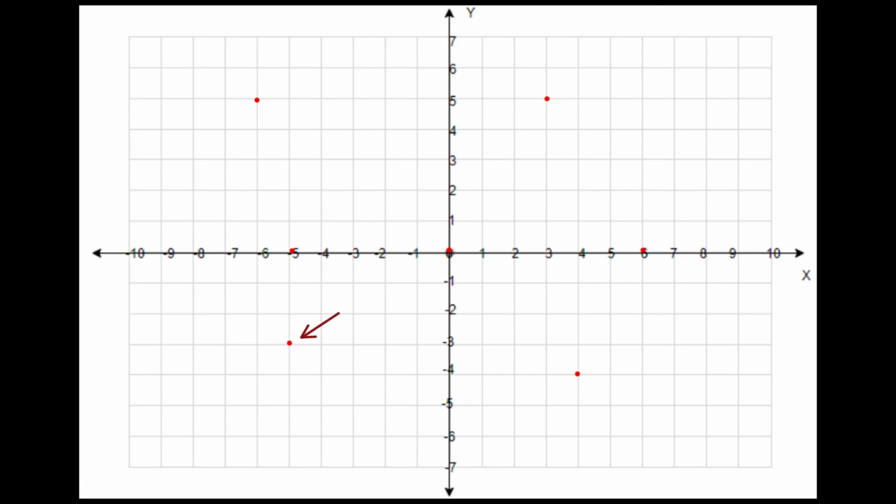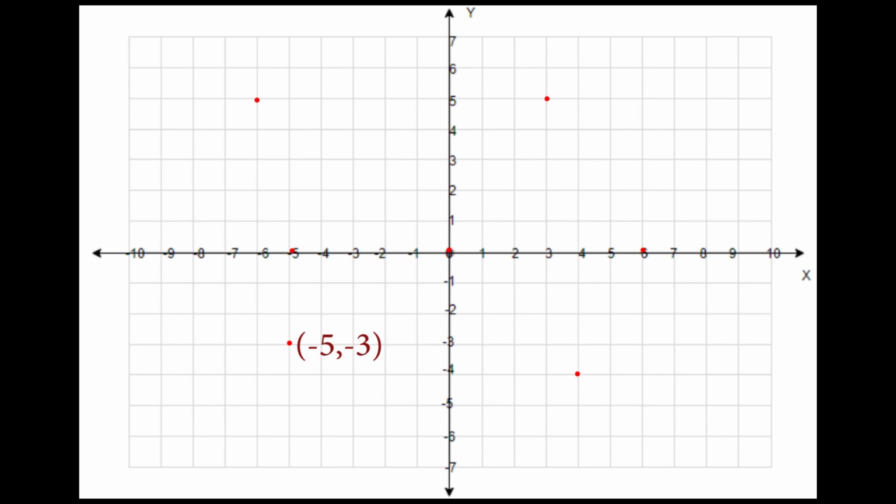So in order to reach this point, we need to go towards the left 5 points. So x is -5, and we have to go downwards towards the y-axis and take 3 steps. So this point becomes -5, -3.